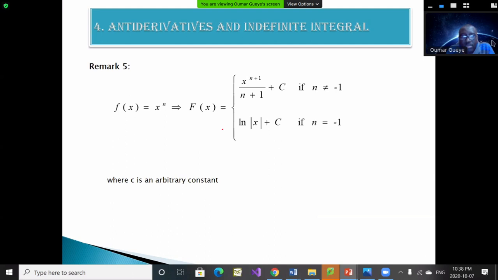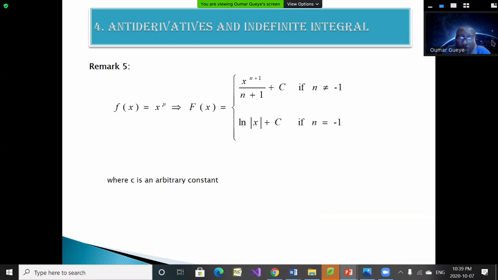And before doing some examples, I just want to remind you of this formula that we've seen. It is just the power rule for the integral. If f is equal to x to the power n, its antiderivative is going to be x to the power n plus 1 over n plus 1. We use this formula many times today, because it's an easy example. And you can apply it no matter what n is, except when n is equal to minus 1.